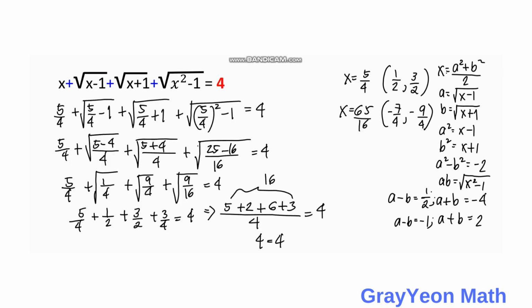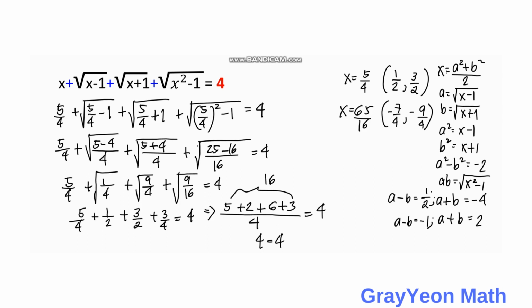Okay, so next I am just showing you that I have checked the solutions. But for the first solution only, which is 5 over 4, as you can see, the 5 over 4 solution is actually a solution to this problem, and it satisfies the equation.